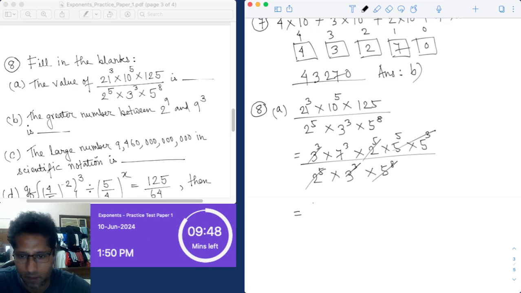So we are left with 7 cubed, which is 49 into 7, that is 343. That is the answer.